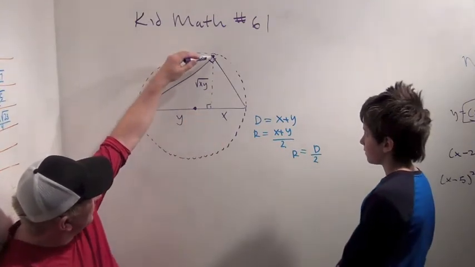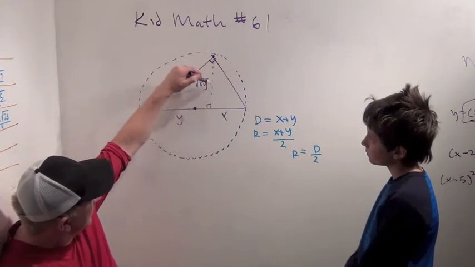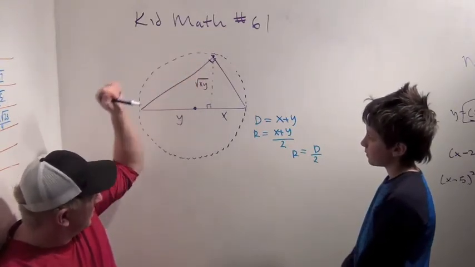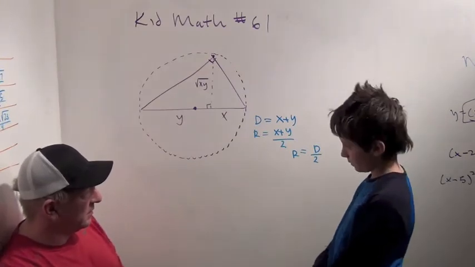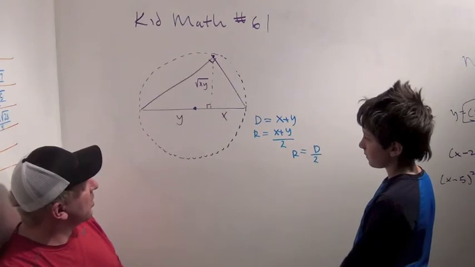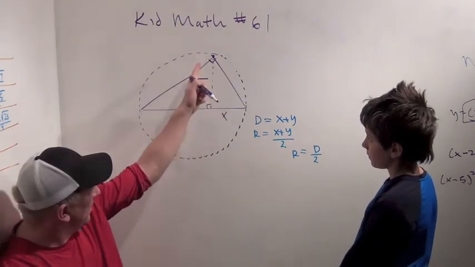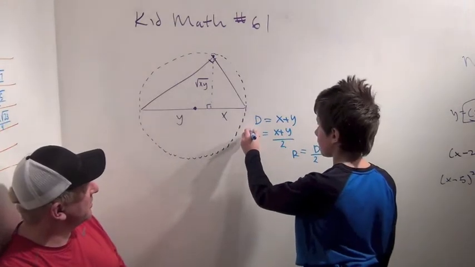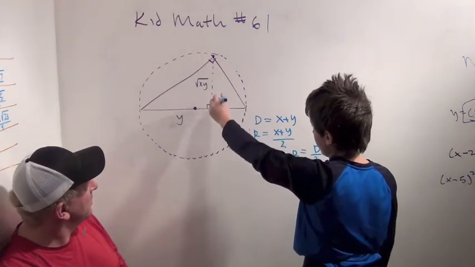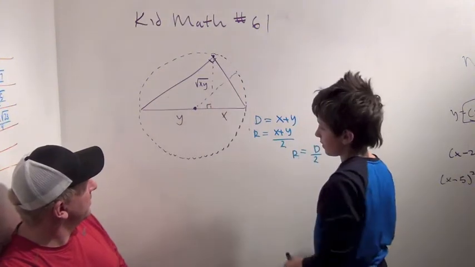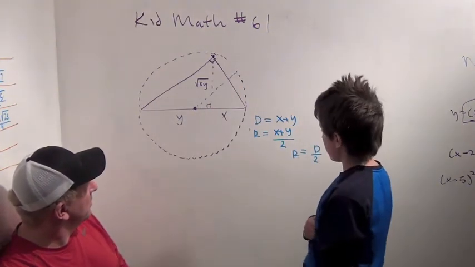Now, you see this altitude that comes down here, from the peak of the triangle perpendicular to the diameter? From the geometry, what is the longest that altitude could be? Well, the longest it could be would be the radius.